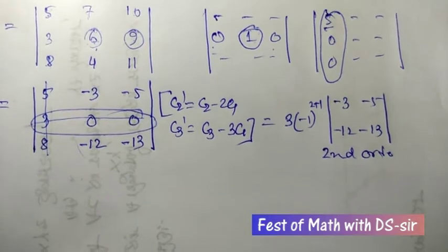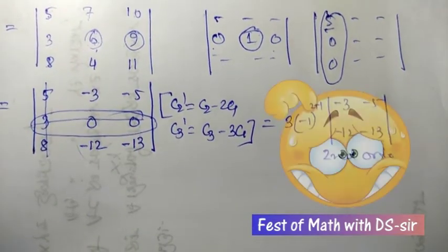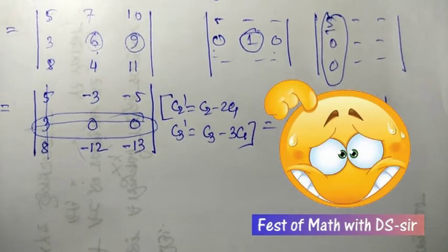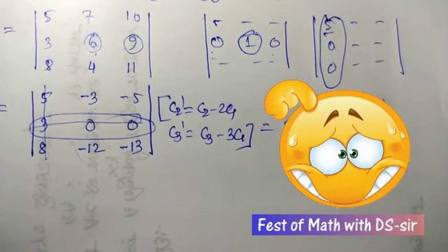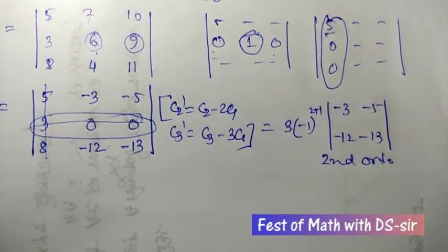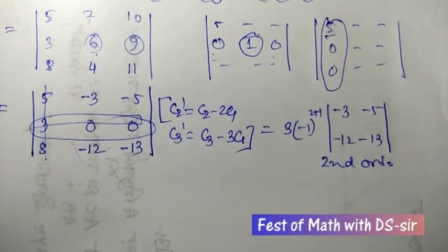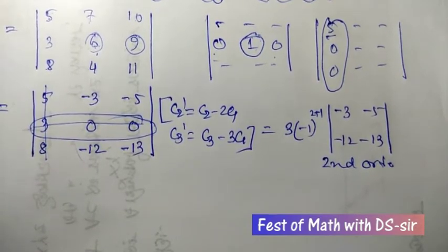Now if there is no such row where all the other elements are some multiple of any element, then what will happen? So I am forgetting about this determinant, this row. I am not using this property. In that case, you have to convert any of these 9 elements to 1.